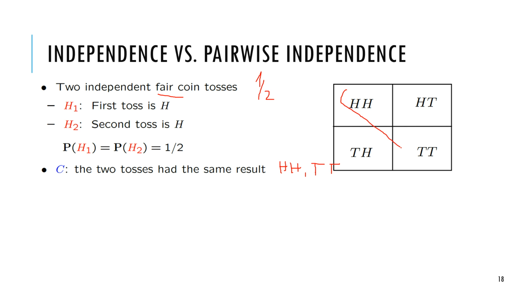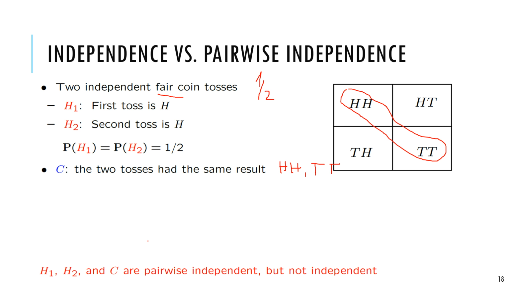Here is the sample space for C. X1, X2, and C are pairwise independent but not independent. How to prove it?